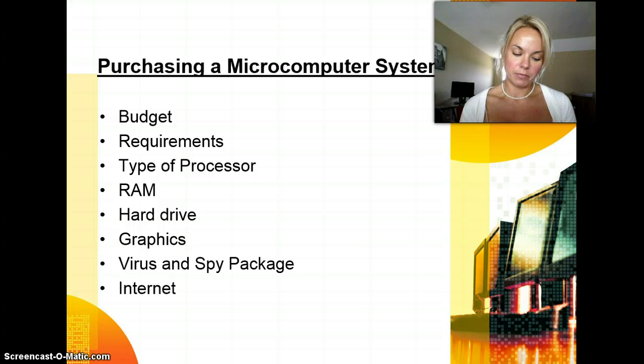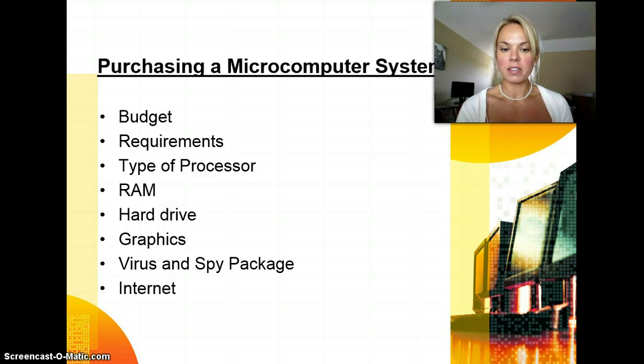Now that you have tackled the main considerations, the next thing to think about is the software. Windows Vista Standard and Premium, and the virus and spy package. This is probably the most important.